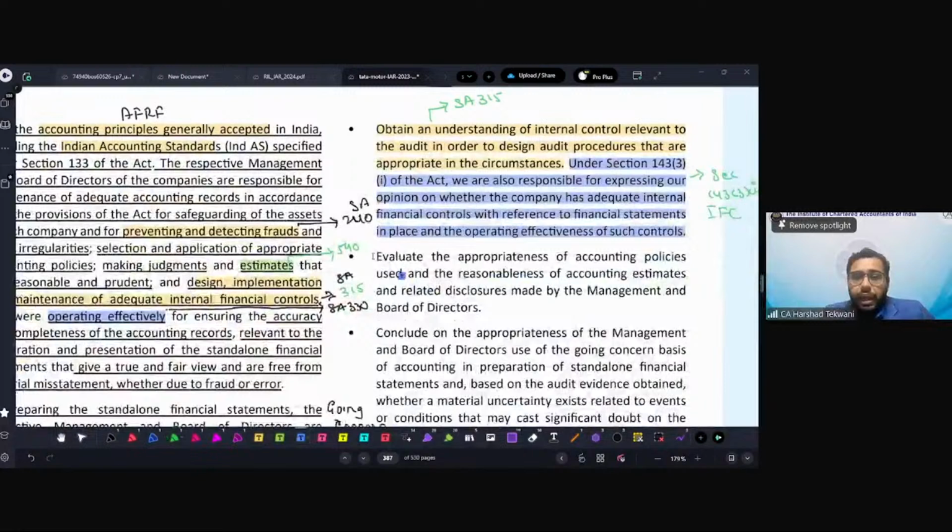Then evaluate the appropriateness of the accounting policies used and the reasonableness of the accounting estimates and the related disclosures made by the management and board of directors. So where do we see the accounting estimates? SA 540. Yes, SA 540, absolutely correct.